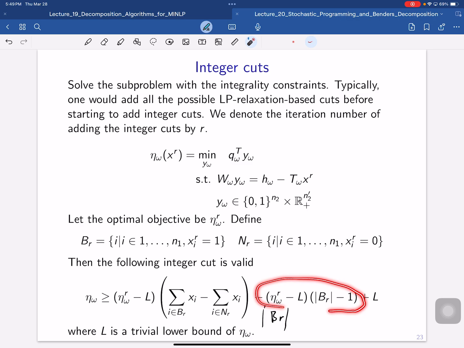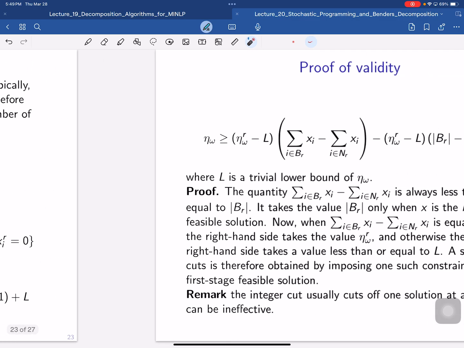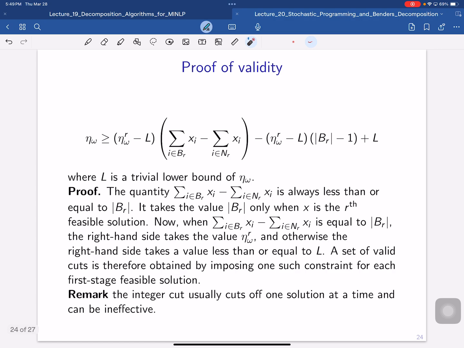So essentially, you will get this eta_r value again when you are hitting the same solution. Here's a very easy proof of validity. You can try to prove it yourself to see if it is valid.